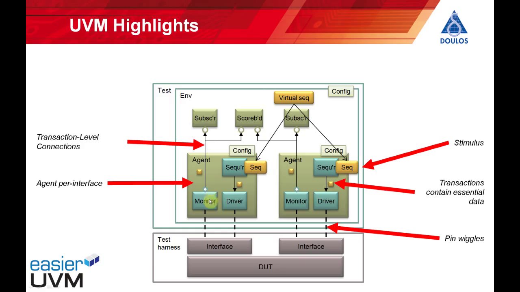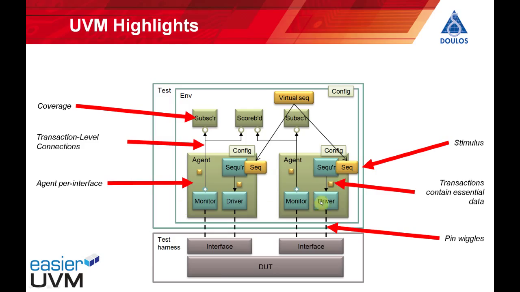In this particular case, we're making use of analysis ports and exports. Analysis ports and exports provide a broadcast mechanism so that a single port here on our monitor component can broadcast transactions to multiple subscribers. The first of the subscribers here might be doing functional coverage collection.